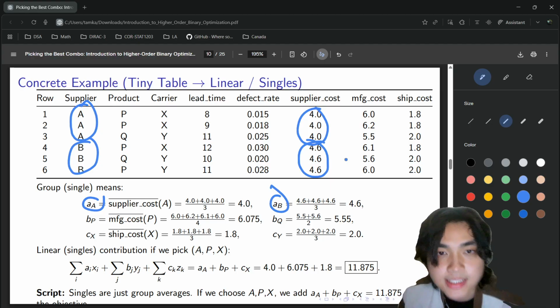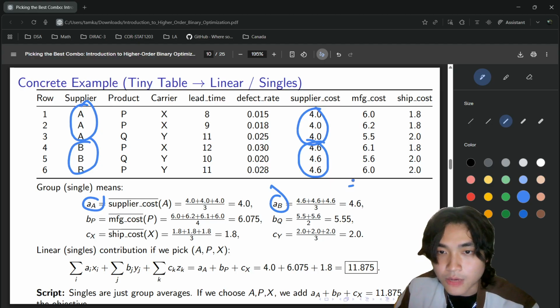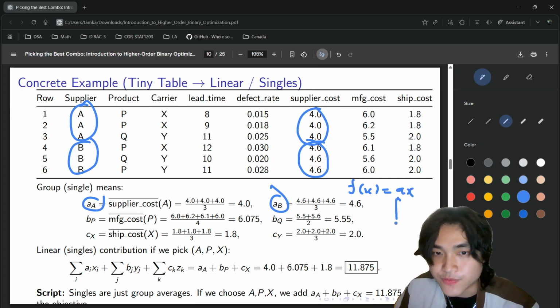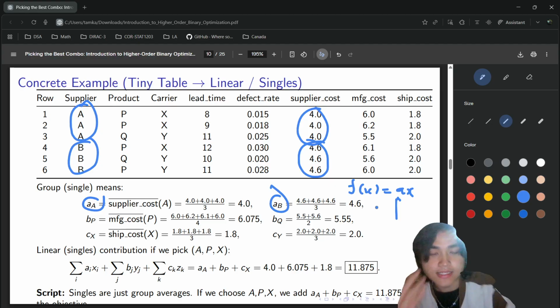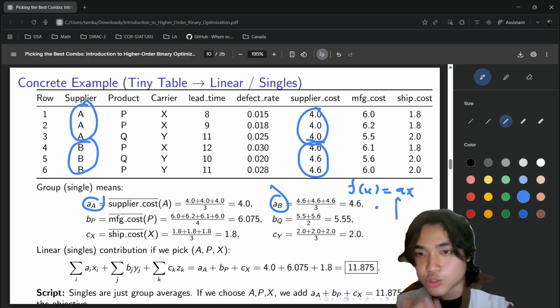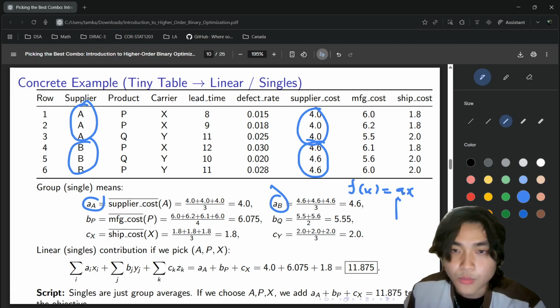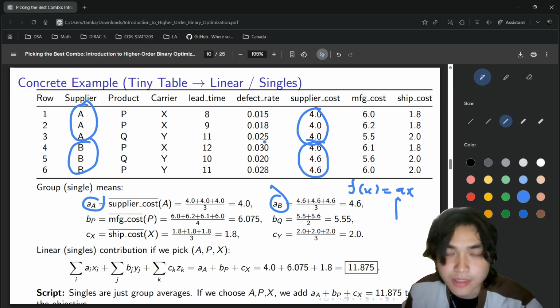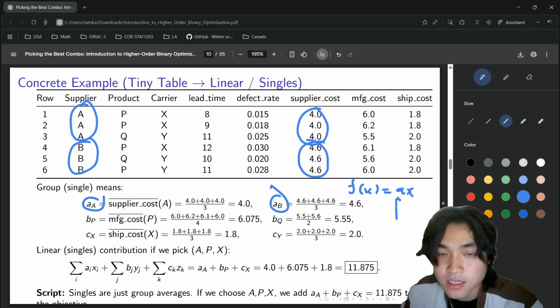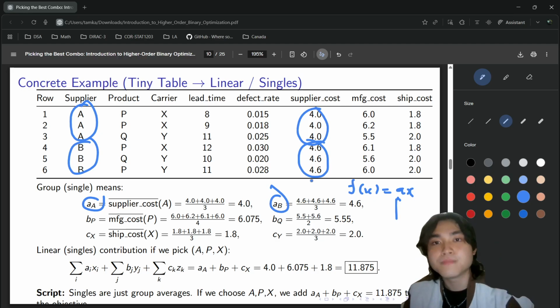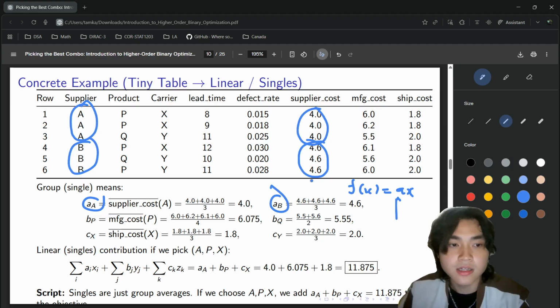And the reason why we do this in the first place is because our objective function is this, right? So this will be the coefficient. That's why earlier I mentioned that in this case, we are doing data-driven coefficients, where everything comes from, in this case, the mean of the supplier cost based on their unique category.